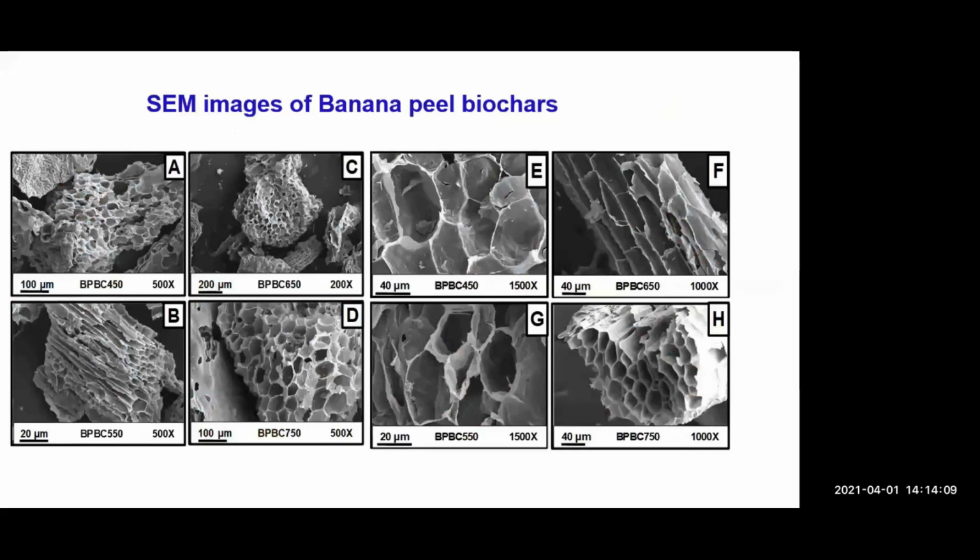So now we are seeing the SEM images of banana peel biochar, which shows a large number of porosity ranging from micro to mesopores. The selection of these biomass is basically based upon two important reasons.